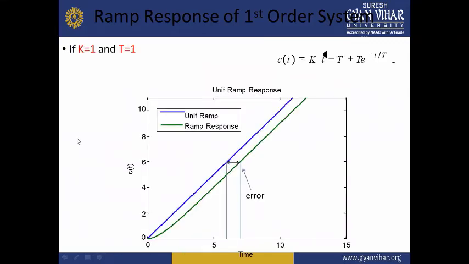So when I plot it for K equal to 1 and T equal to 1, you can see the unit ramp and the ramp response.